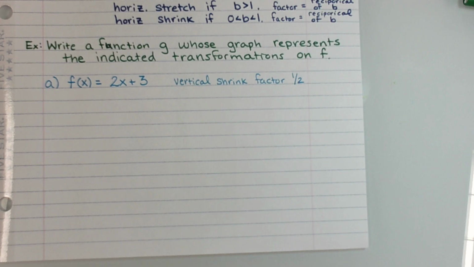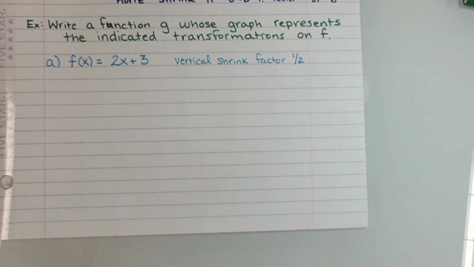Now, when you do this, essentially the challenging piece about this is making sure that you are putting whatever it is that it's telling you to do in the correct location of the function. That's where people get tripped up on this.